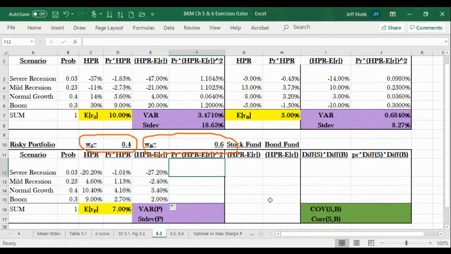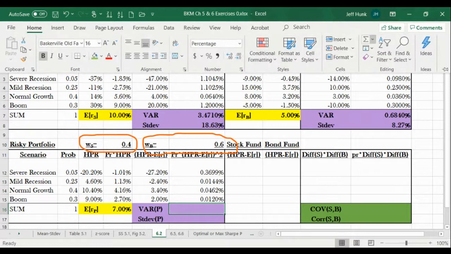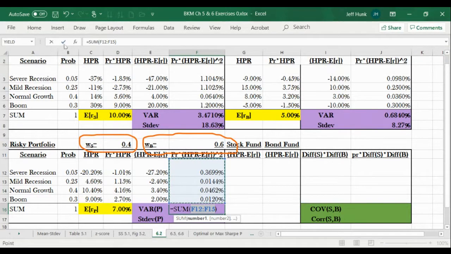Then to find variance, multiply by the difference term, probability, and square. Drag it down. Okay. And then using auto sum, I find variance. And the standard deviation is simply the square root of that.